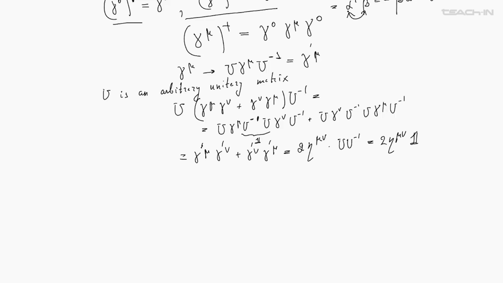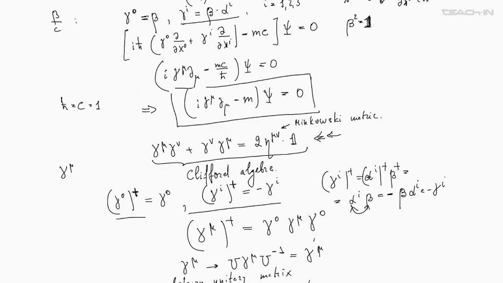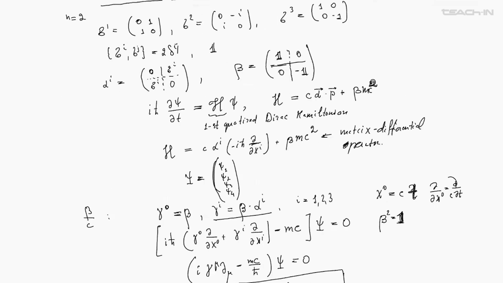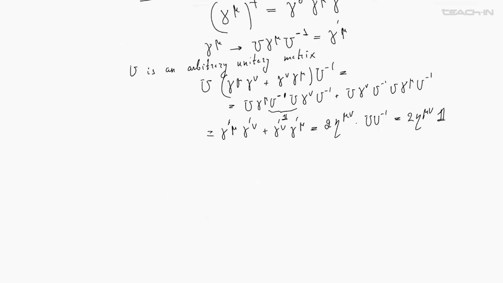Now, this concrete representation, which I have introduced for alpha i and beta in terms of gamma matrices, reads in the following way. So gamma 0 is the same as beta, and therefore it is (1, 0, 0, minus 1), while gamma i are given by (0, sigma i, minus sigma i, 0).